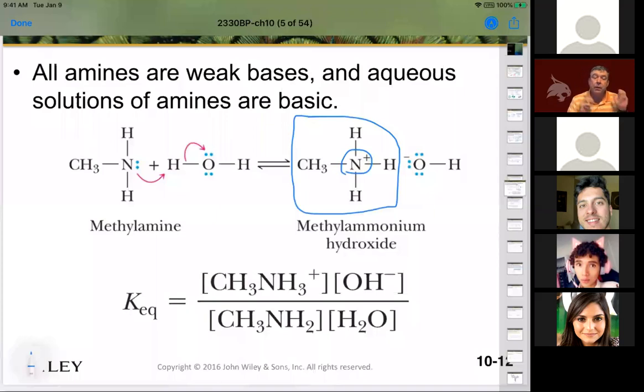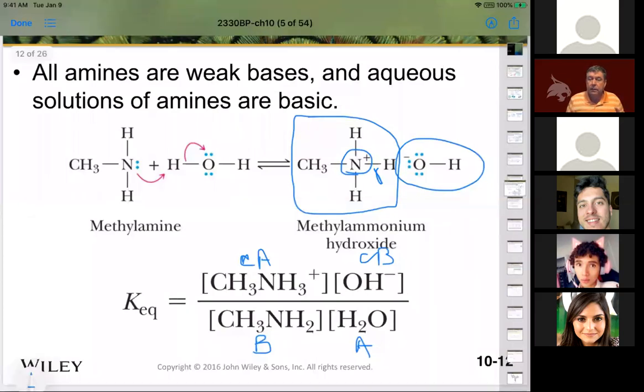Okay. So we have to look at our equilibrium constant. And so we have our conjugate acid right here. This is our conjugate acid and our conjugate base, and this is our base and our acid right here. So by comparing the concentrations of each of these, we can get that equilibrium constant. Okay. But that doesn't really tell us, empirically, how far it would go back and forth.